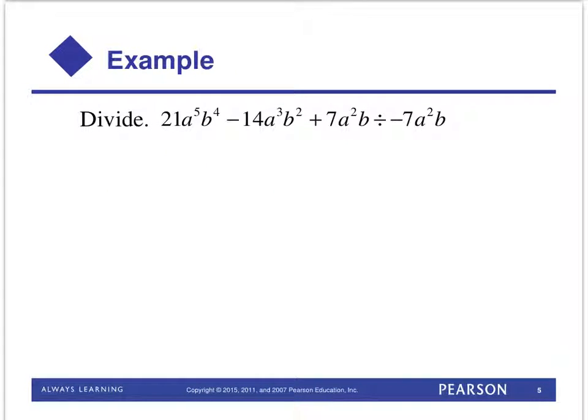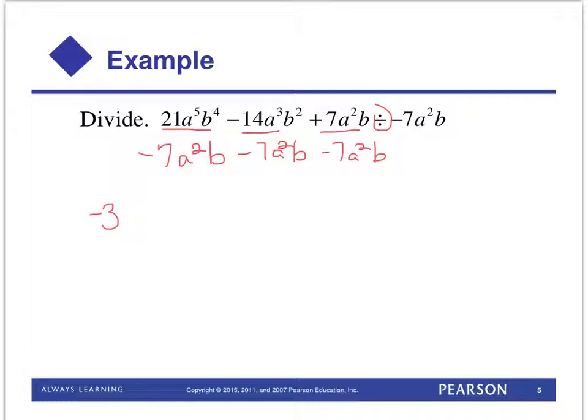The same idea when you have the divisor, you just go in and you drop this under each one. This time it's a negative a squared b. So I'm going to take a second and write it under each one. And then we just do our division. So negative 7 goes into 21 how many times?